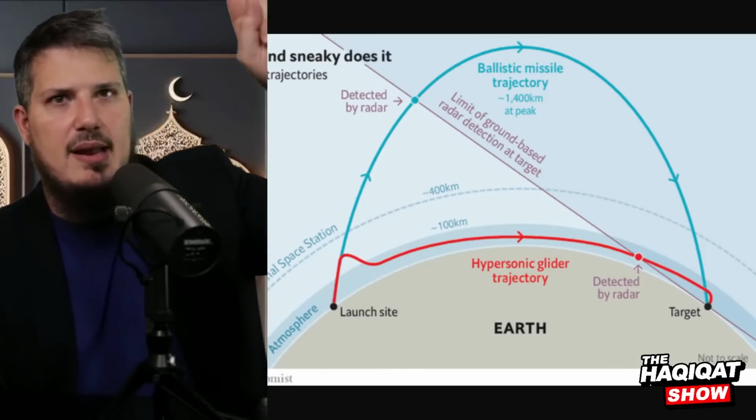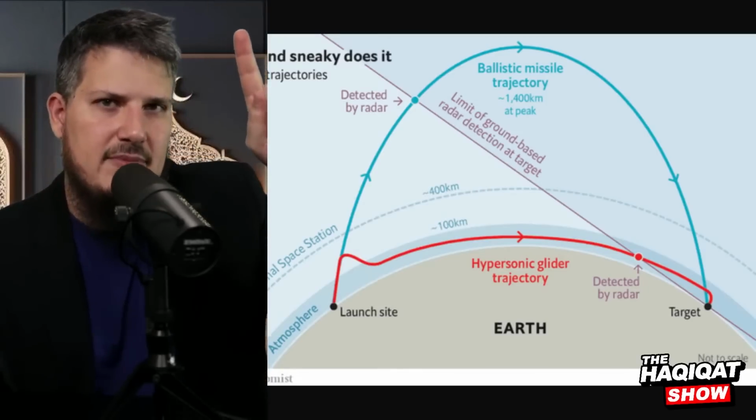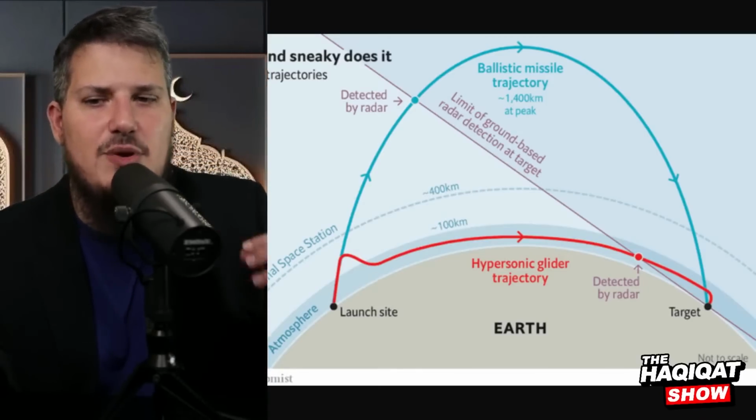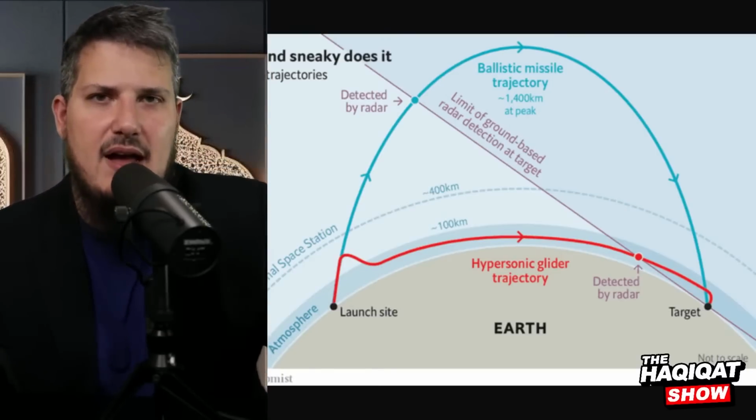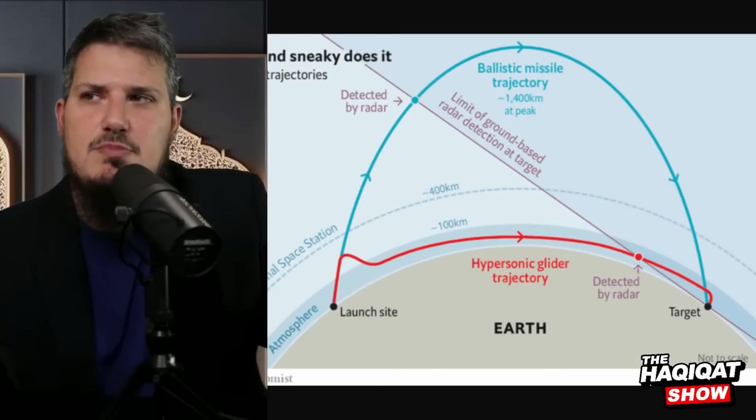But it's going in a parabolic trajectory. After the launch phase, you can't really control that trajectory. It's mainly being guided by gravity, and it goes in this parabola.